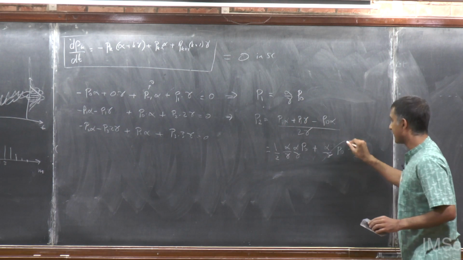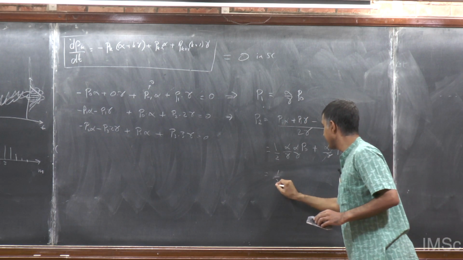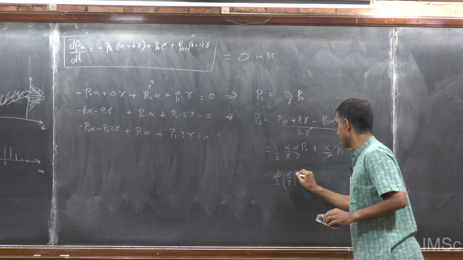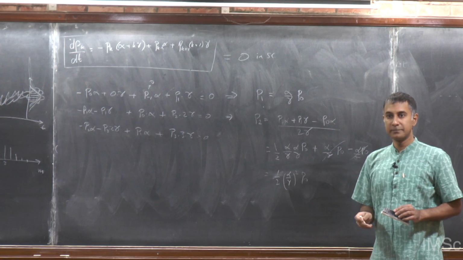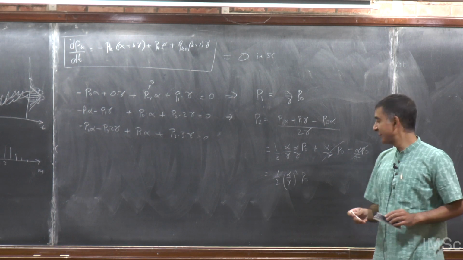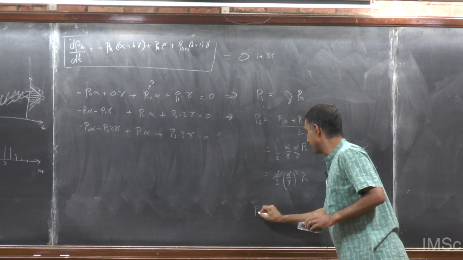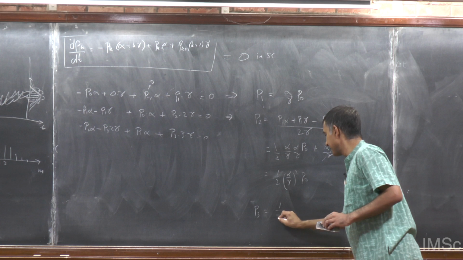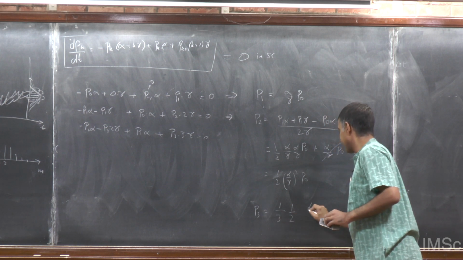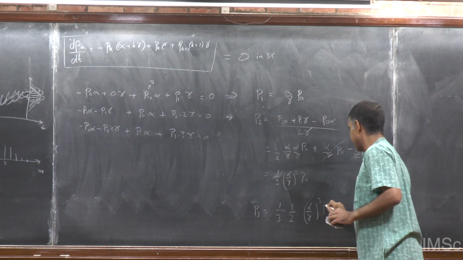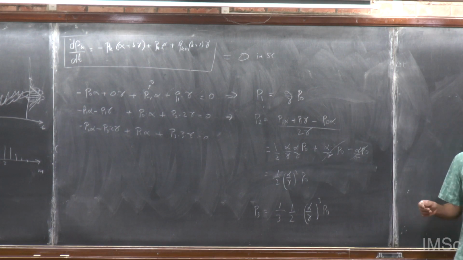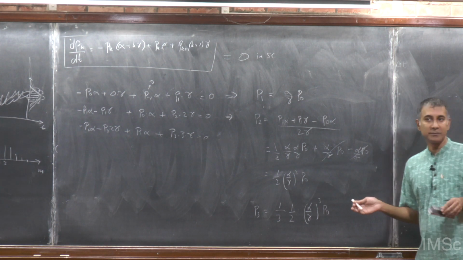These two cancel, and so you get half alpha over gamma squared p0. And trust me, if you work out p3, you get 1/3 times 1/2 times alpha over gamma cubed times p0, and so on. It's just mindless algebra, and you can do it.